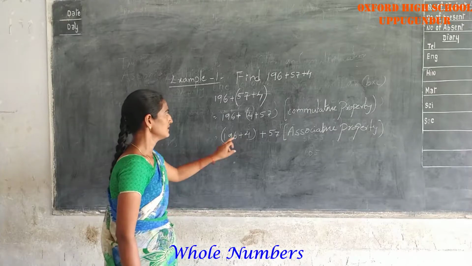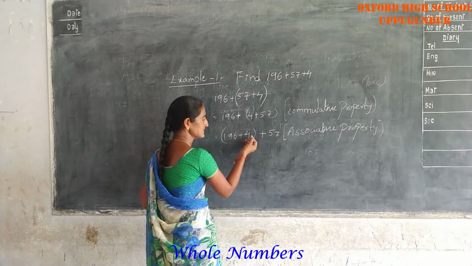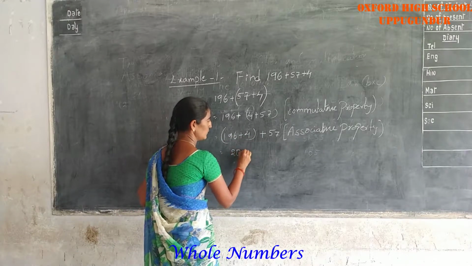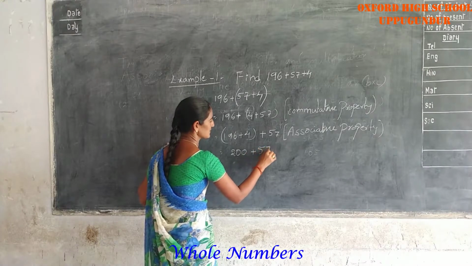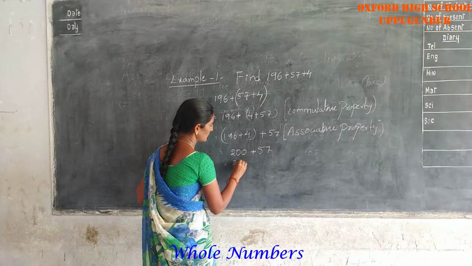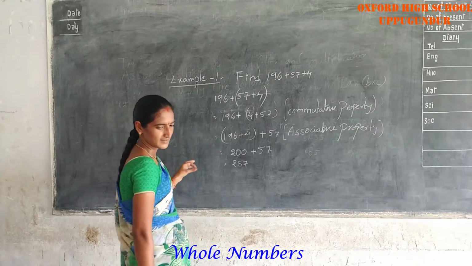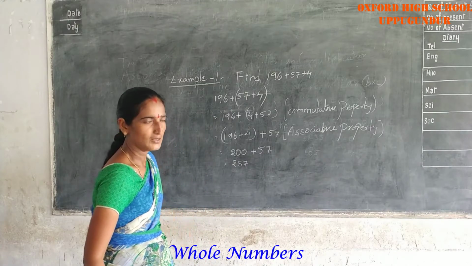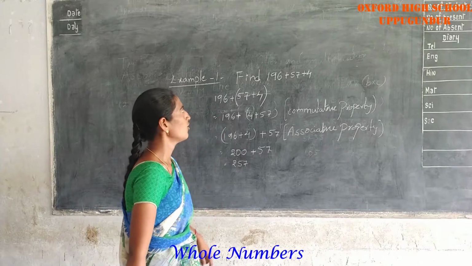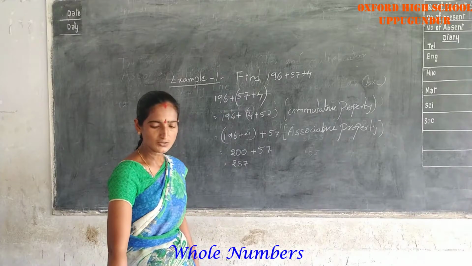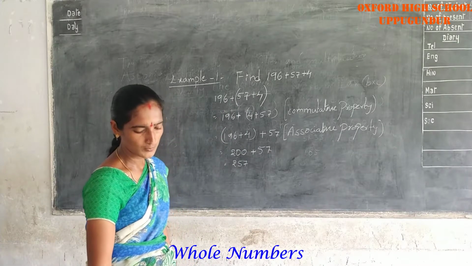These are the answer: 196 plus 4 is 200, plus 57, that is equal to 257. Here we use a combination of commutative and associative property.